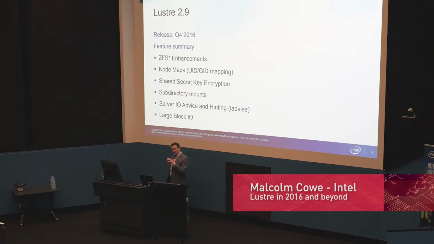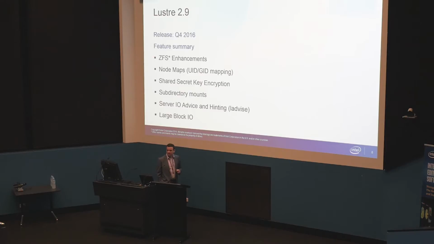The 2.9 release is actually due out very soon. It's going through a bunch of testing at the moment, and we're just ironing out the final bugs and blockers, and hope to see a release shortly. Again, there's some more security work going on here with the node map support.